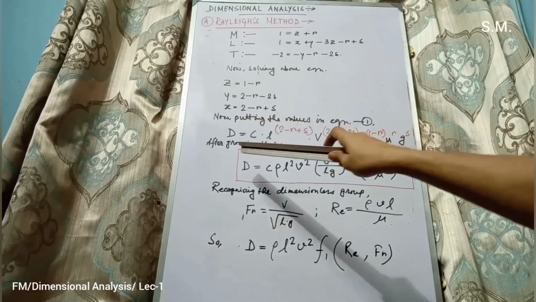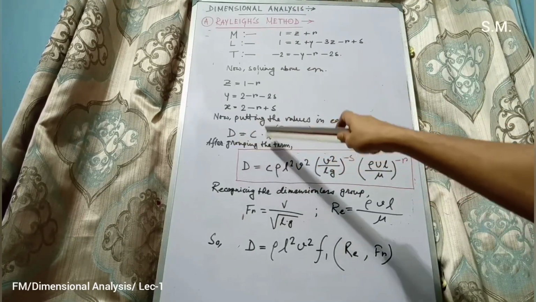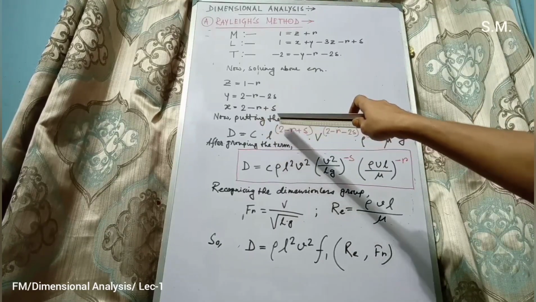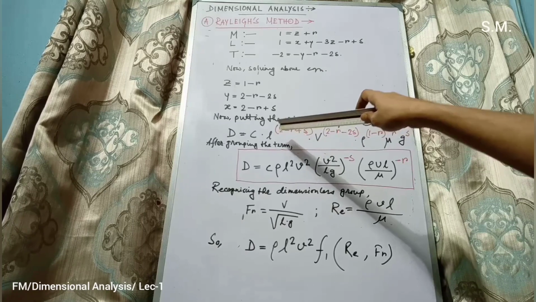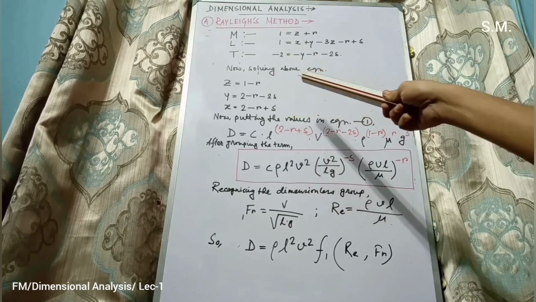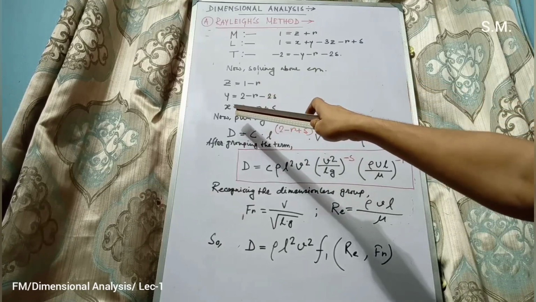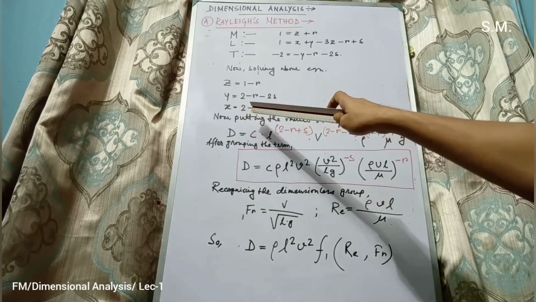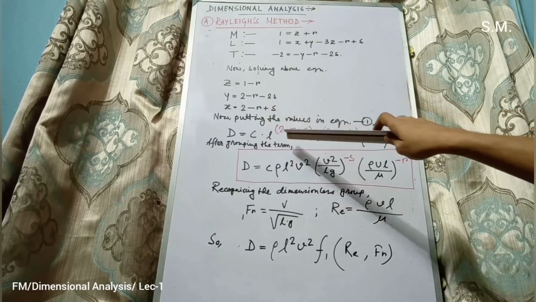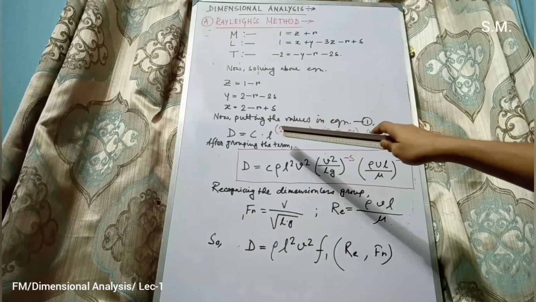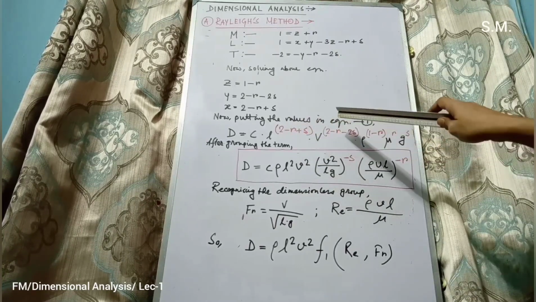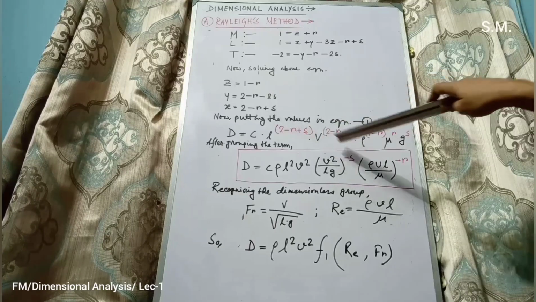Then D equals C, C is a dimensionless constant, then L to the power X. What is the value of X? Here we see the value of X is 2 minus R plus S, so we are putting the value of X here. The next value is Y. The power of V is Y, so we are putting the value of Y here.